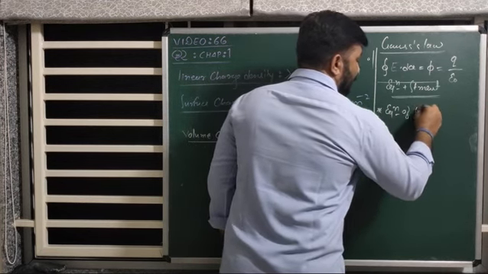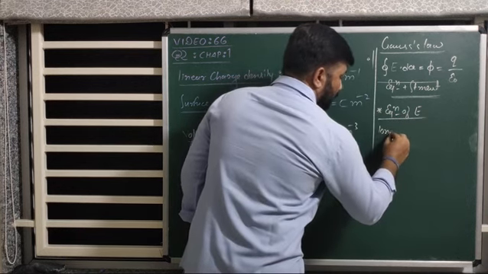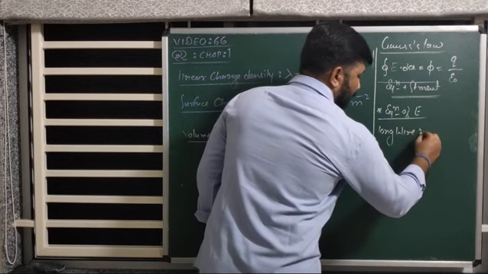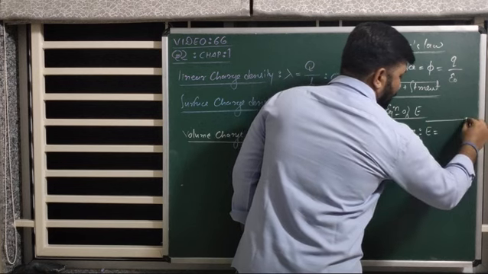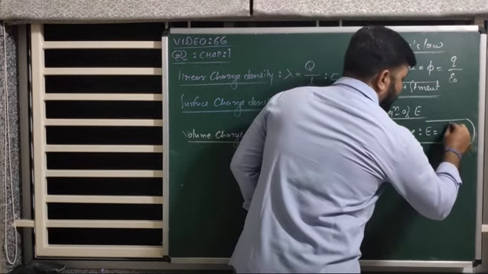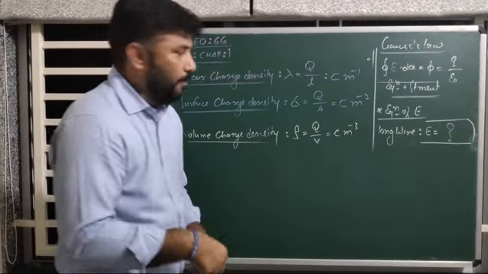Okay, with the help of Gauss law we have obtained the equation of electric field for a long wire, right? E is equal to, here what will come, that you have to obtain at home on your own.